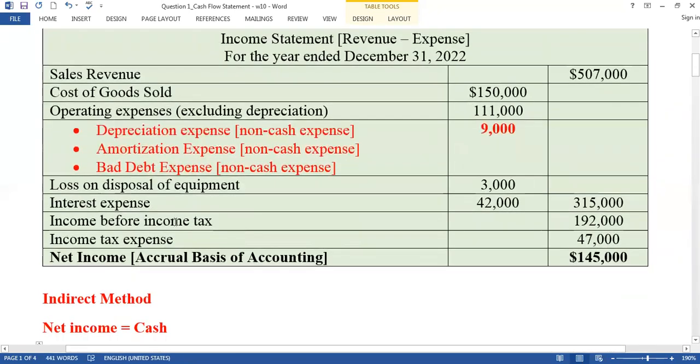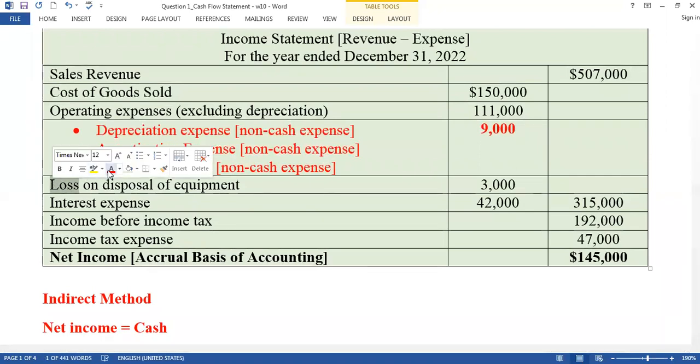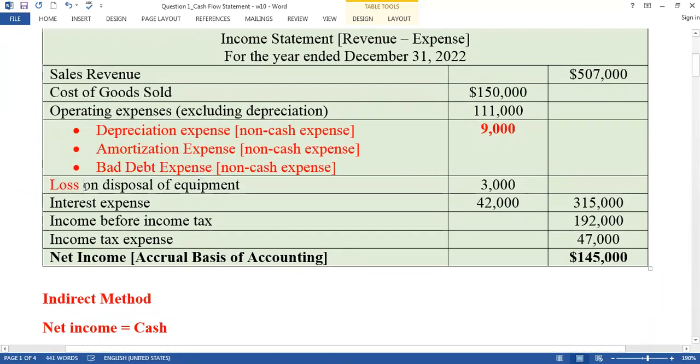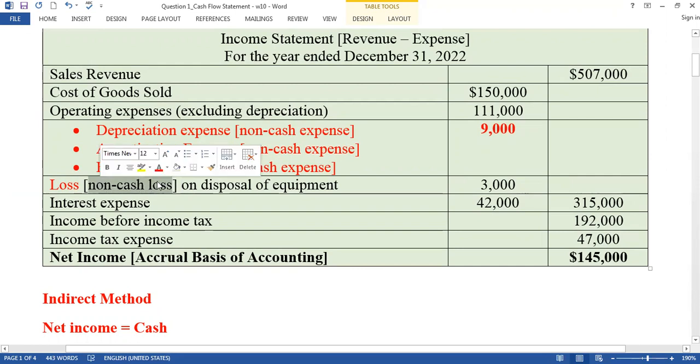Look, we have a loss here. This loss is also called a non-cash loss. So why is it called a non-cash loss? Try to understand why you have this loss. We have a loss because we sold one equipment.